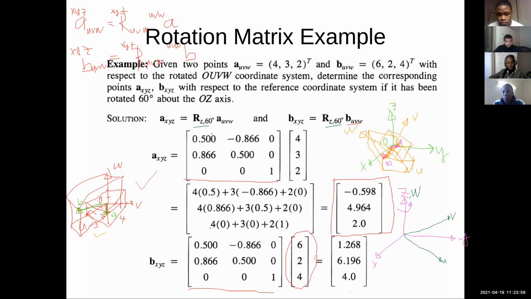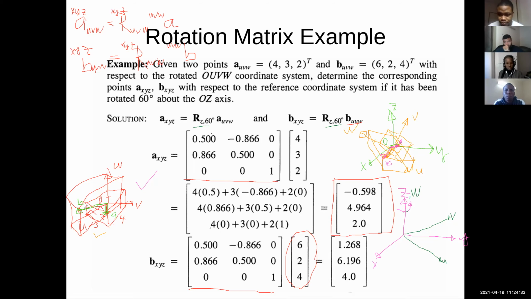Let's just check B. If B is rotated here 60 degrees, right? Because we rotated by 60 degrees. So this should be the one. Okay, where was the B? Let's draw the 4. It was 4 here.